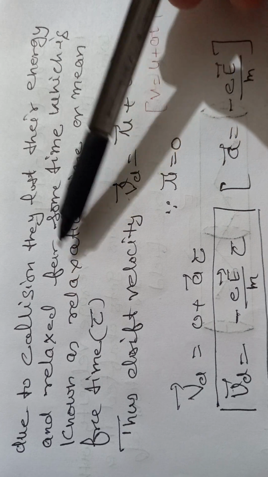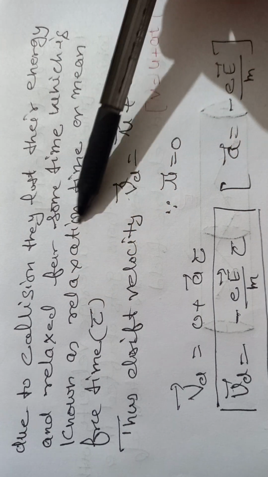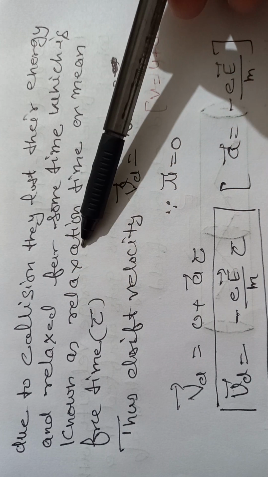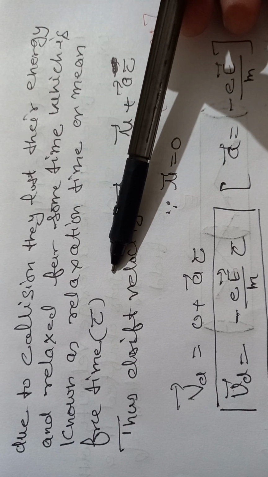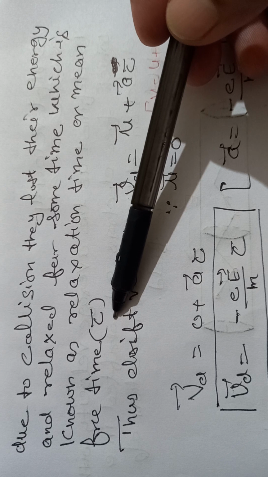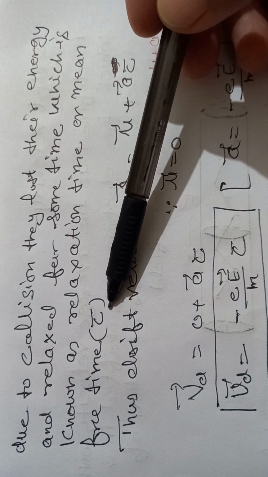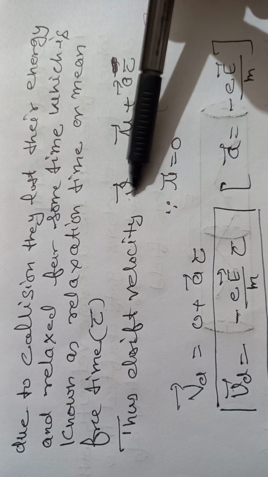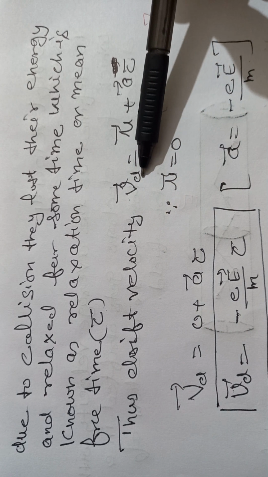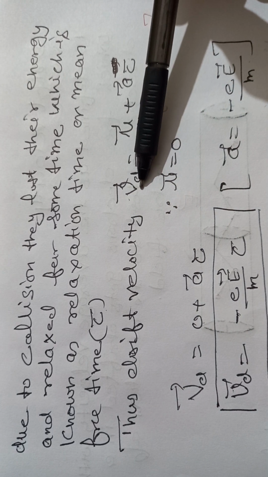So due to collision they lost their energy and relaxed for some time, which is known as relaxation time or mean free time. The symbol of mean free time is tau. So the drift velocity will become v subscript d, where v d stands for drift velocity.